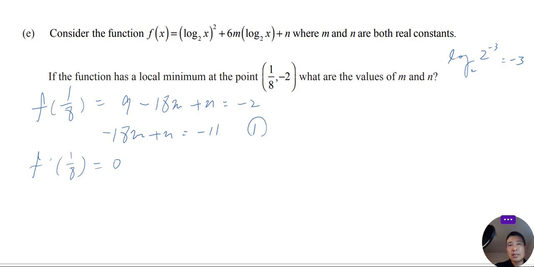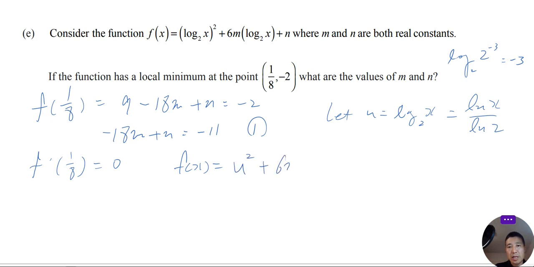So I'm gonna say let u be log x to the base of 2. So later on I can say this is ln x over ln 2. I might need that. So first of all, f of x, instead of log x to the base of 2, I say u squared plus 6mu plus n, isn't it?